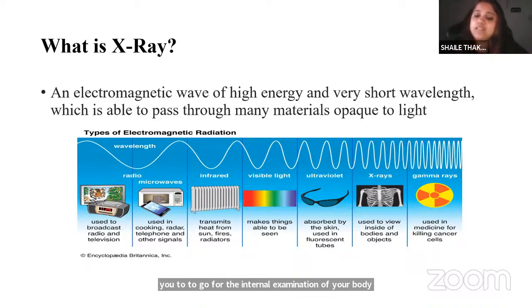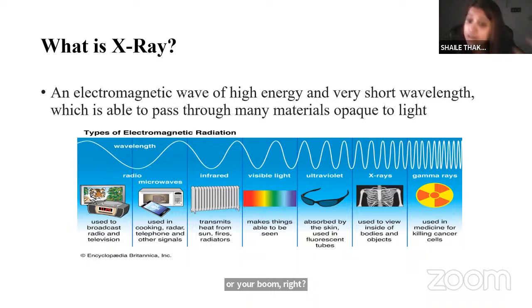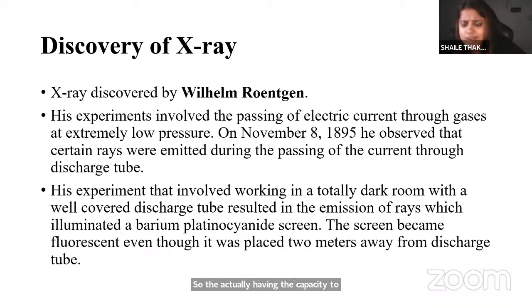The X-ray has the capacity to give you the internal view of anything. So you can understand that if we are using X-ray spectroscopy, we are getting the internal view of our sample. It will also give you qualitative and quantitative analysis.